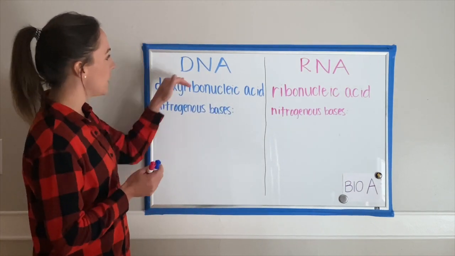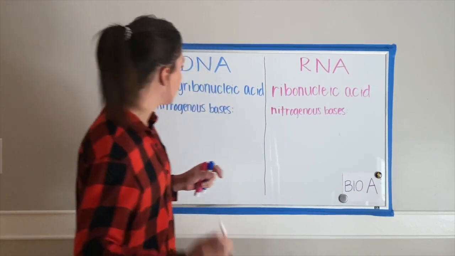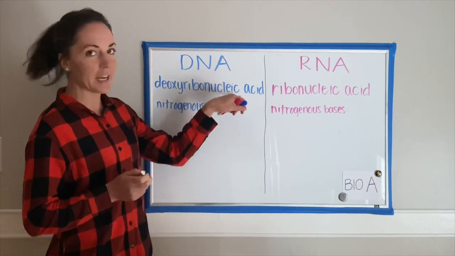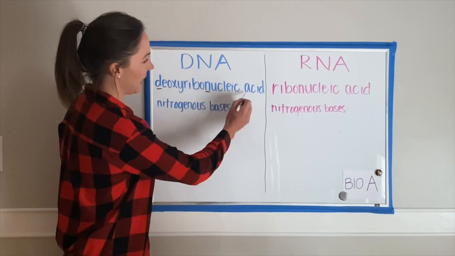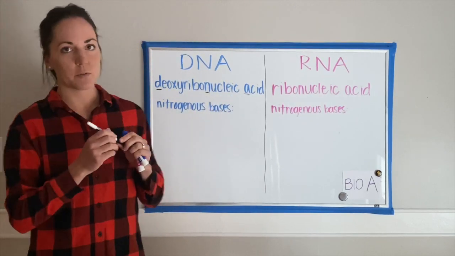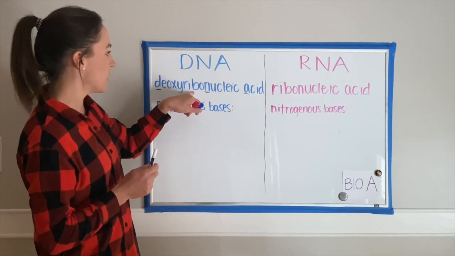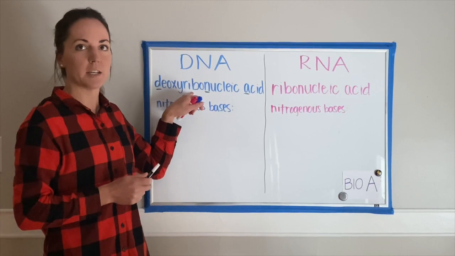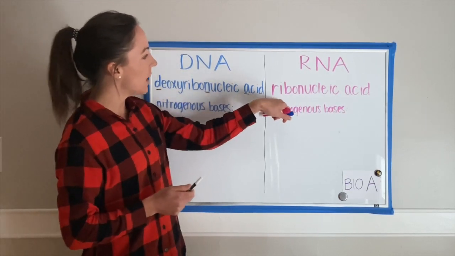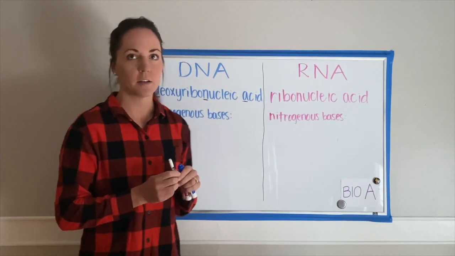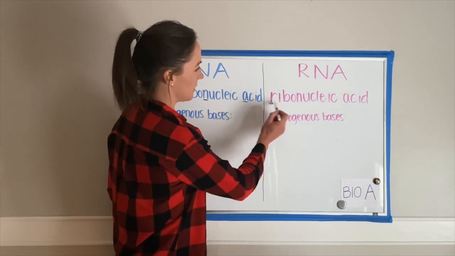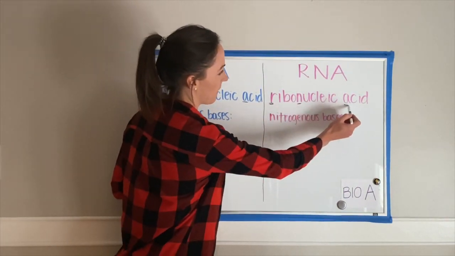First of all, remember that DNA stands for deoxyribonucleic acid. We get the DNA from that part. The reason it's called deoxyribose is because that's the sugar involved in DNA. Similarly, RNA stands for ribonucleic acid. We get the RNA from this part right here.